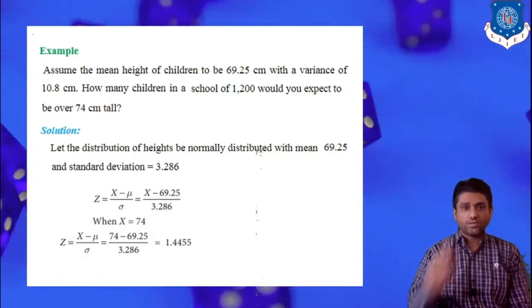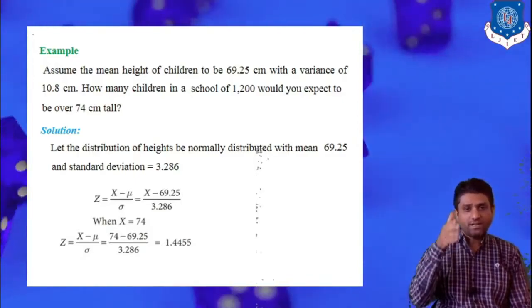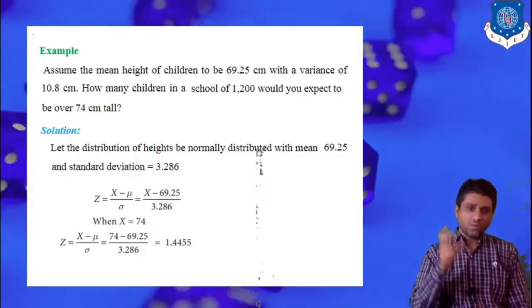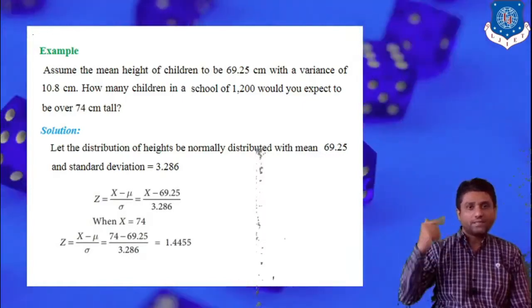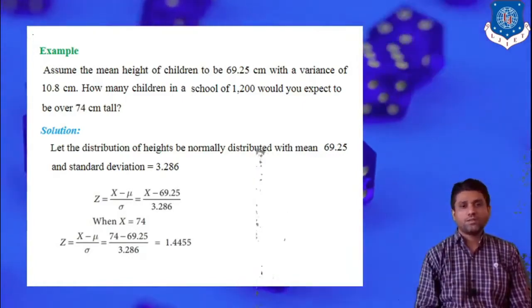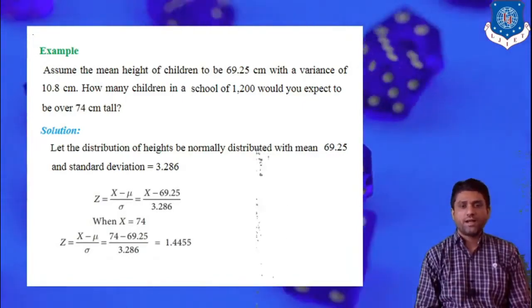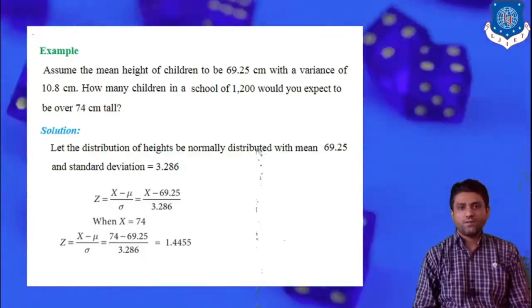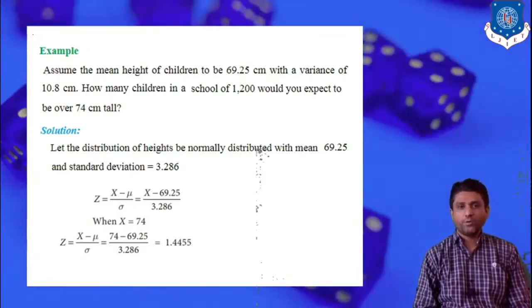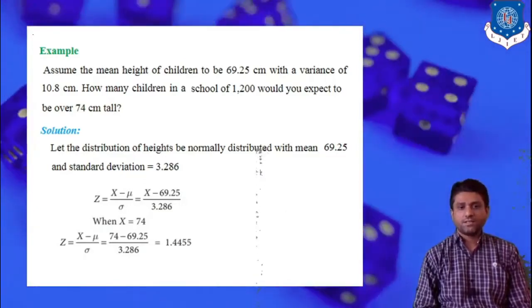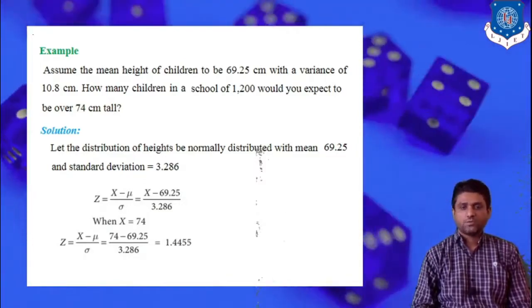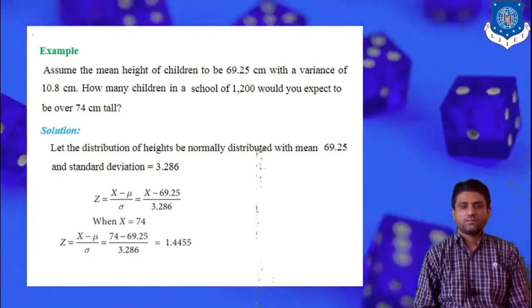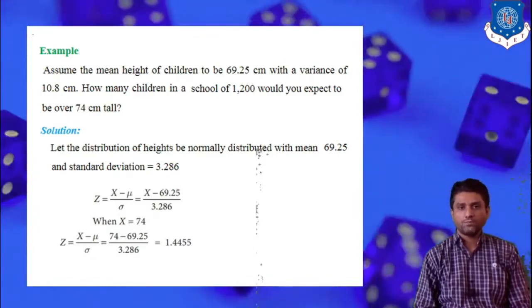Definitely 74 does not fall in the interval minus 3 to 3. That's why there is a need to apply the Z transformation, x minus mu upon sigma. Just plug in x = 74, mu = 69.25, standard deviation approximately 3.28, and it gives the value of Z approximately 1.44.